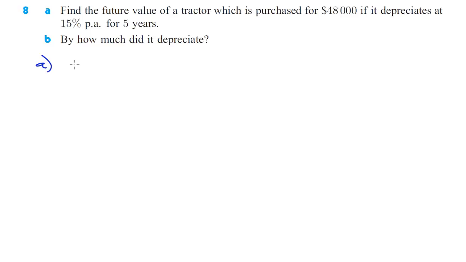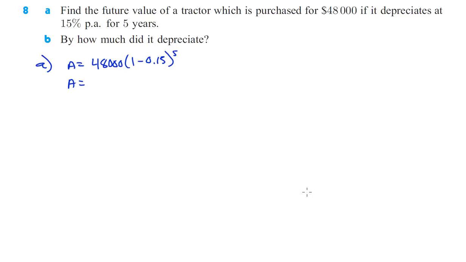So we've got the amount is going to start at 48,000, and we do 1, and now it's depreciating, so it's a minus 0.15 for 5 years.